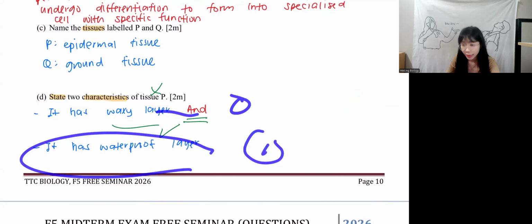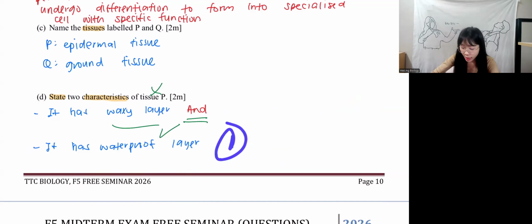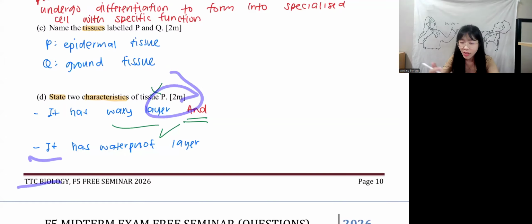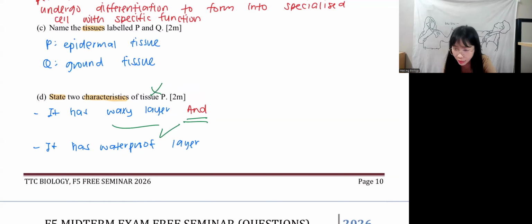If you put it in one sentence, the chances of getting it wrong are very high. Unless you are confident your answer is definitely correct, then you can write "and". But if you're not confident, put it into two sentences. The question is 2 marks, you can even write more than 2 sentences. It doesn't really matter.